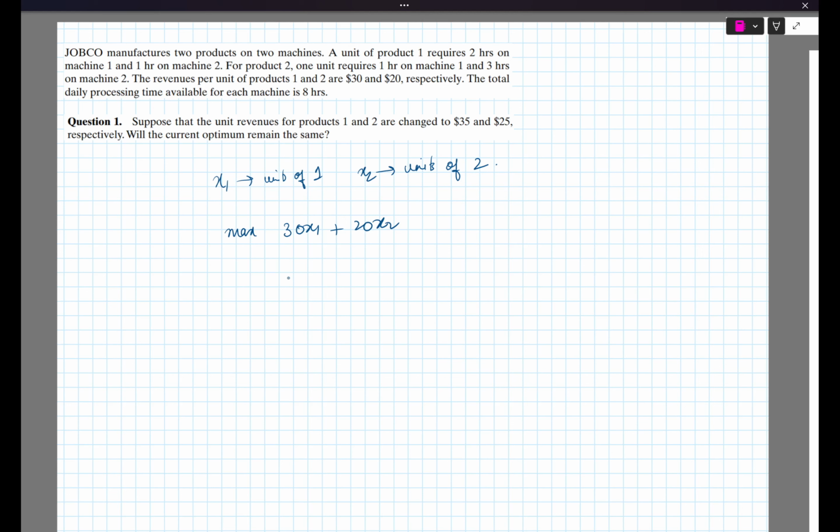Product 1 requires 2 hours on machine 1, so 2x1, and product 2 requires 1 hour on machine 1, so plus x2 should be less than or equal to 8 hours. x1 requires 1 hour on machine 2 and x2 requires 3 hours on machine 2, so x1 plus 3x2 should be less than or equal to 8. And x1, x2 greater than 0.